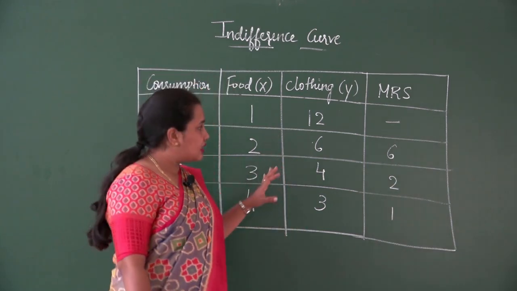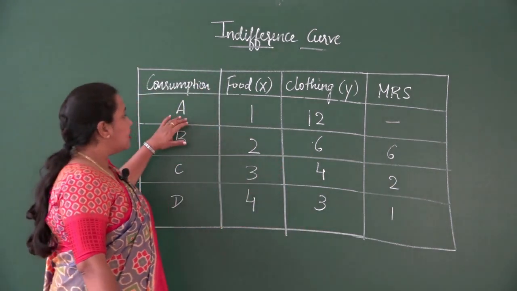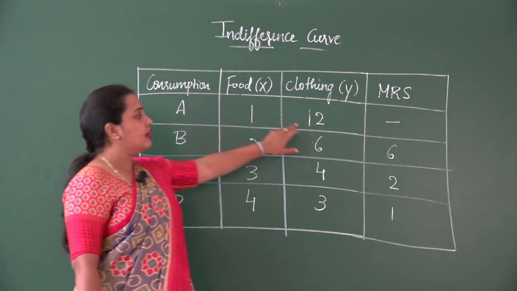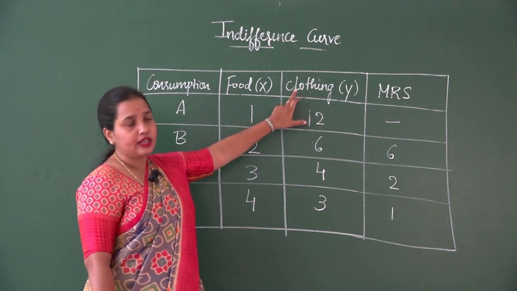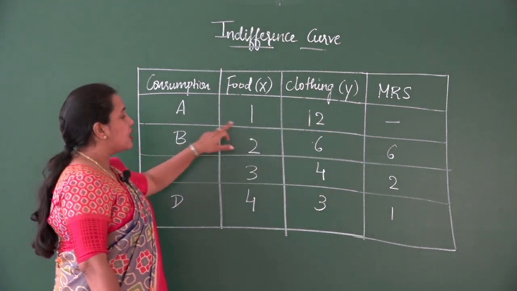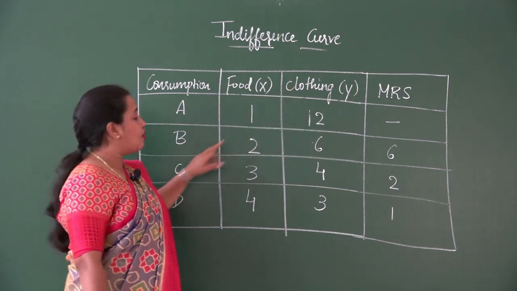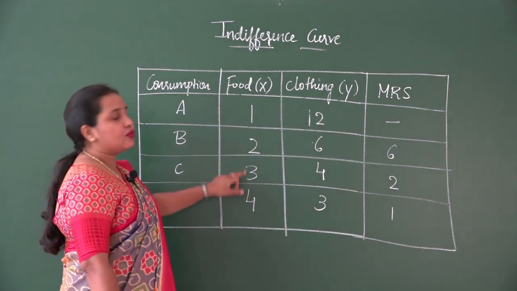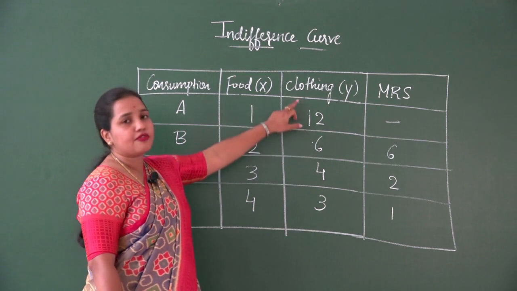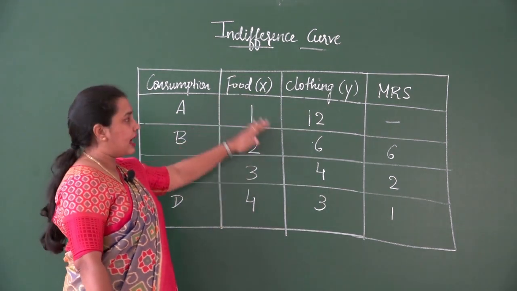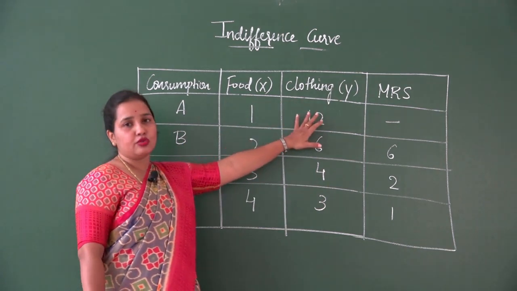In this particular schedule, you can see that combination A gives 1 unit of food and 12 units of clothing. Combination B gives 2 units of food and 6 units of clothing. Combination C gives 3 units of food and 4 units of clothing. Combination D gives 4 units of food and 3 units of clothing.